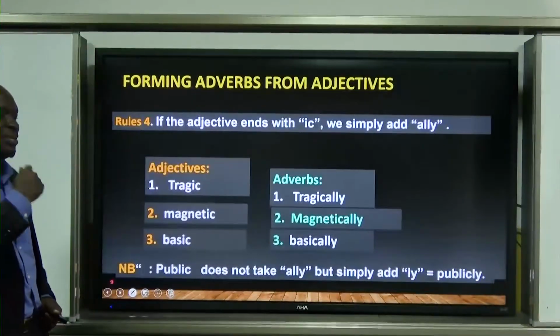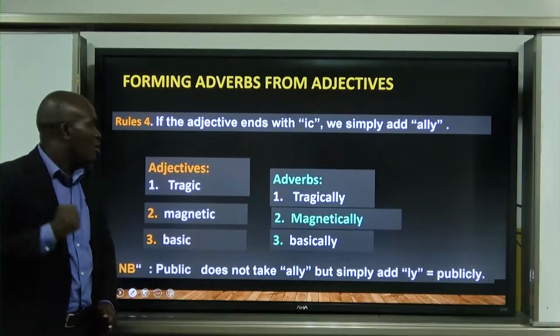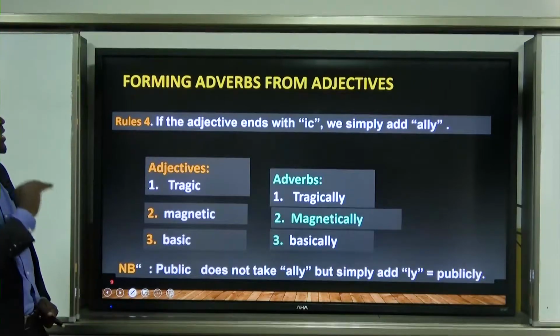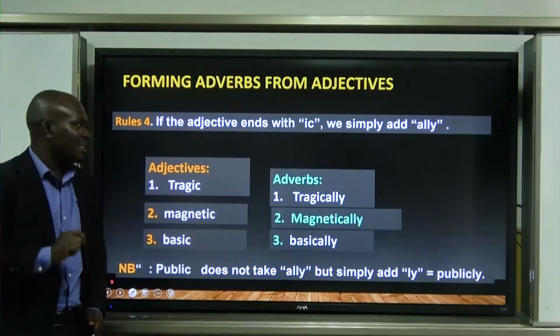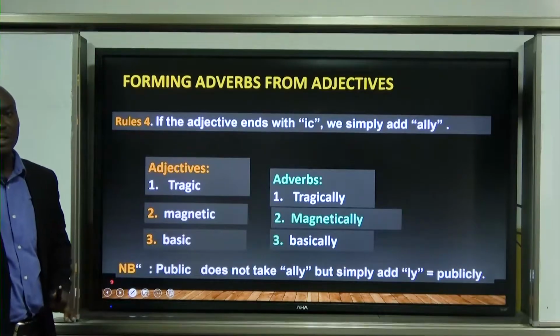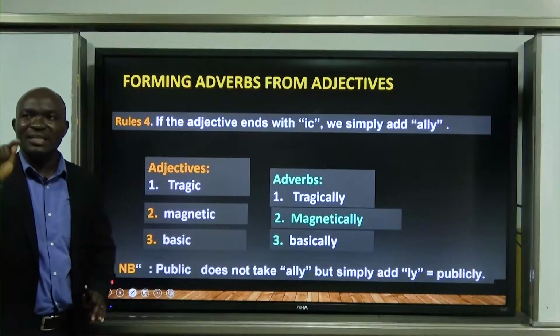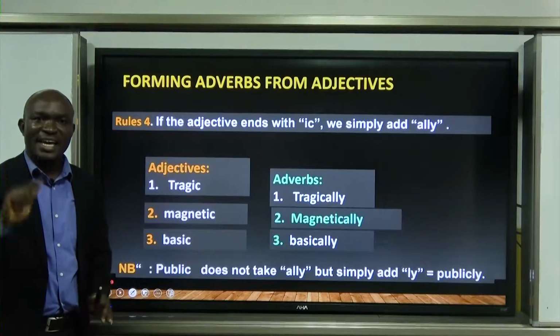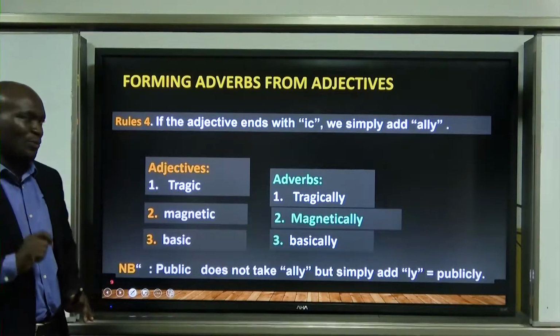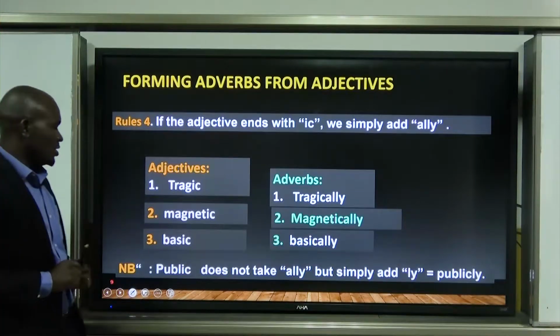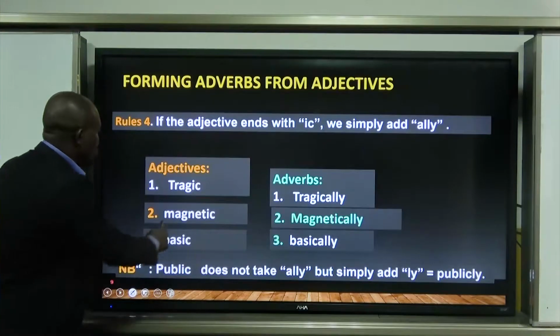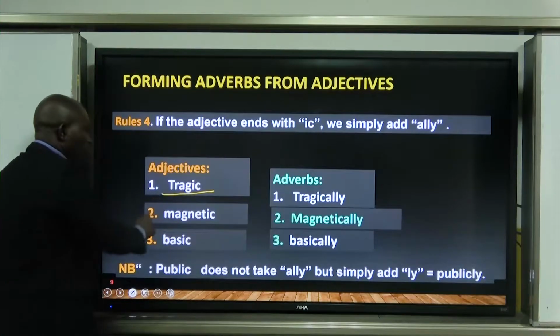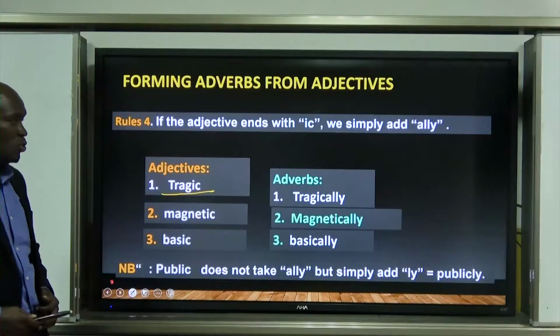Let's consider another rule. If the adjective ends with ic, that is ick, simply add the suffix ally to it. So let's consider some examples. It was a tragic story. What kind of story? A tragic one.